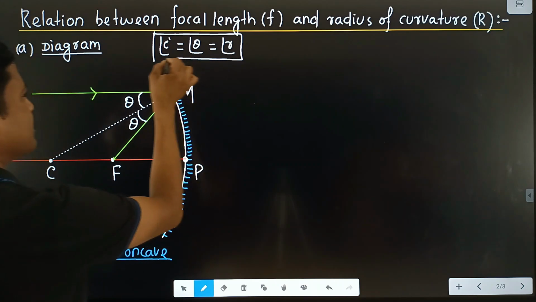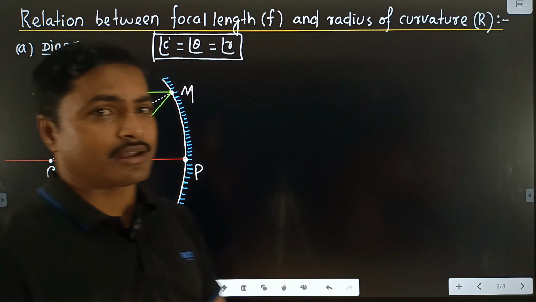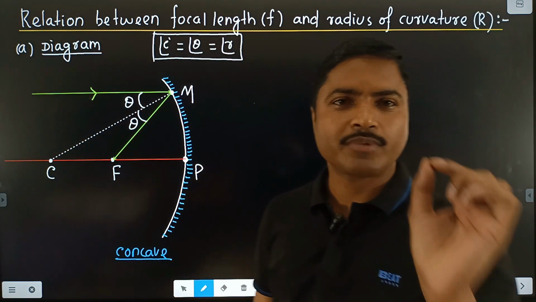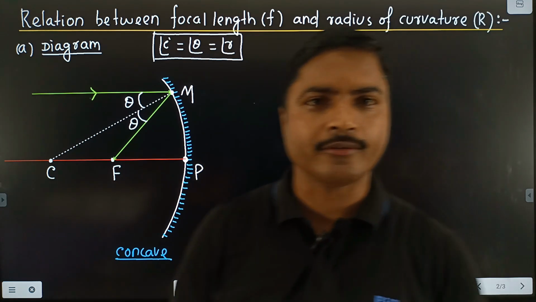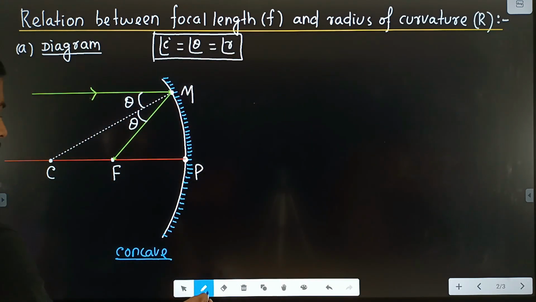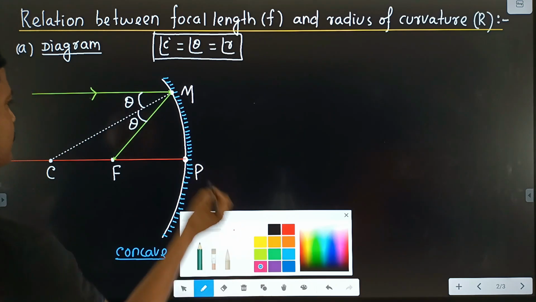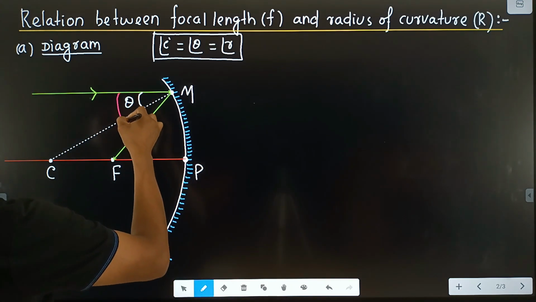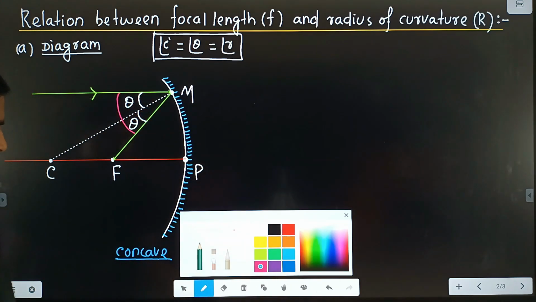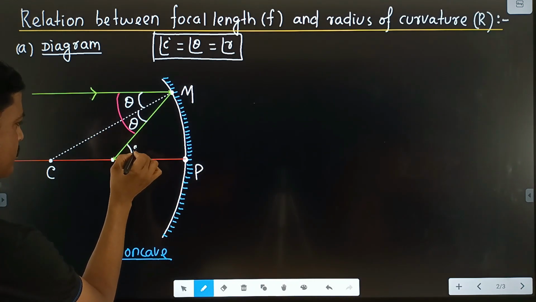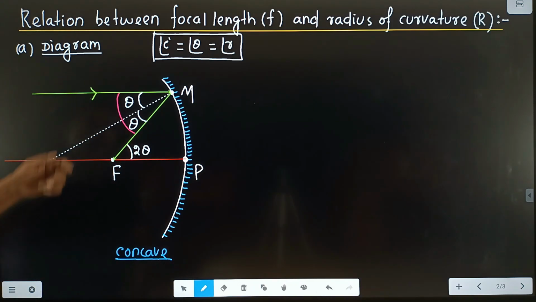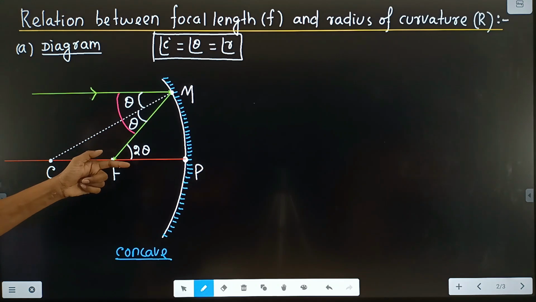This is the law of reflection, you know that i is equal to r, so in place of i we write theta, and in place of r we also write theta. Then this total angle is equal to 2 theta. This angle also we write as 2 theta, because your incident ray is parallel to the principal axis.